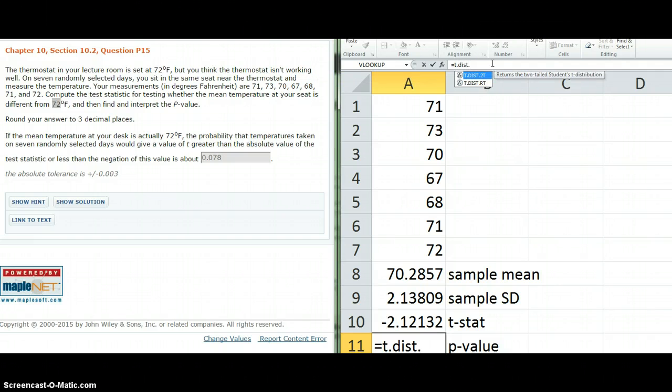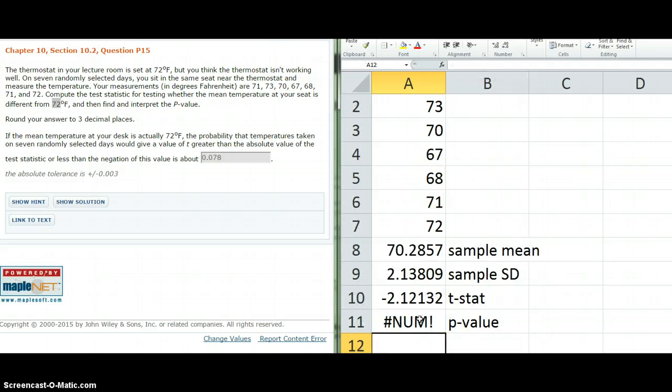And notice we do have the chance to use two-tail. We do want to use that here because we don't know whether our thermostat is off above this 72 or below the 72. So since we're leaving the door open for it being either way, we're using a two-tail distribution. Our x is our t-stat value, and our degrees of freedom again is 6.